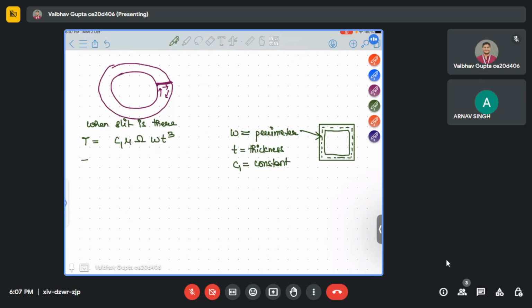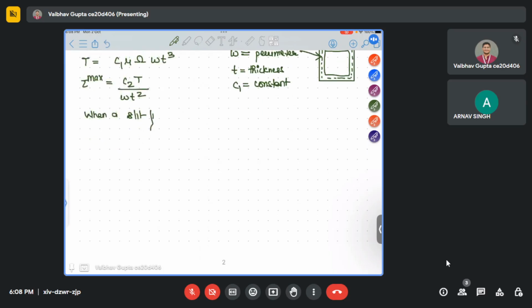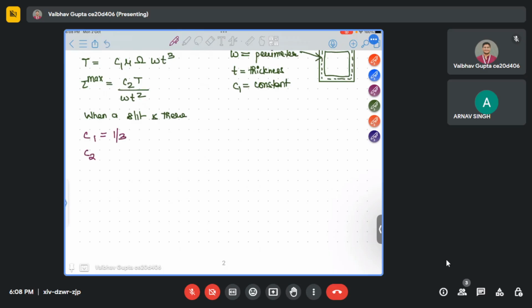So tau max will be equal to C2 T upon W T square. When a slit is there, our C1 becomes 1 by 3 and C2 becomes 3.